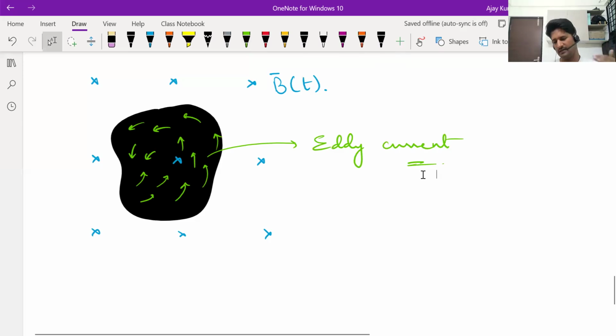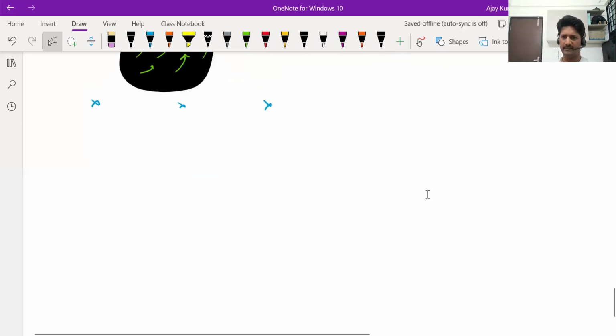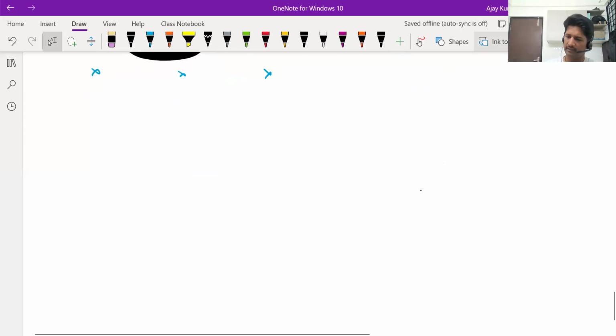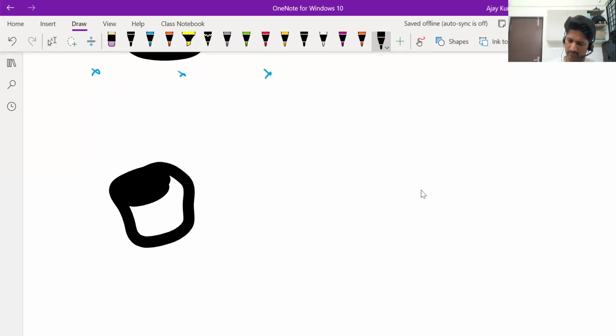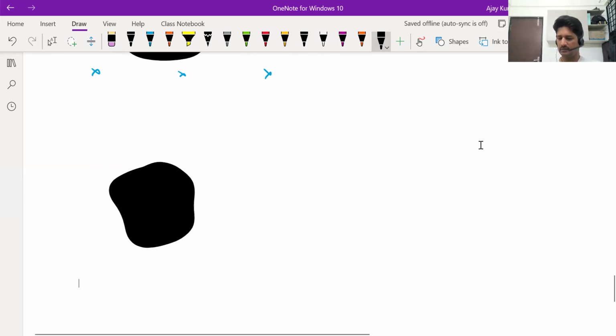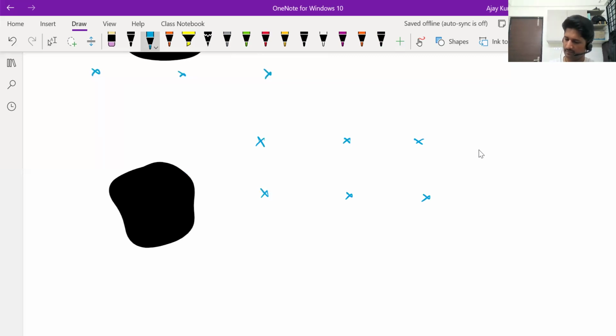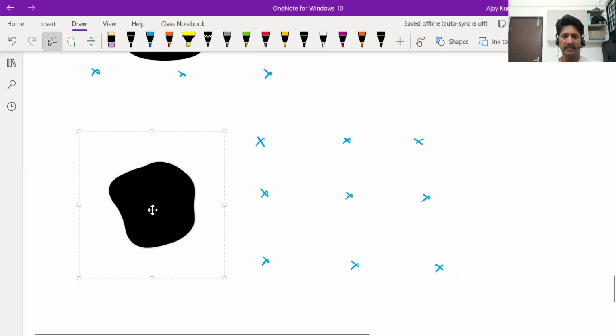Okay. And there's another way also to generate eddy current. Again, consider a random plate. Assume there is a region in which a magnetic field is present. Now you take this plate.